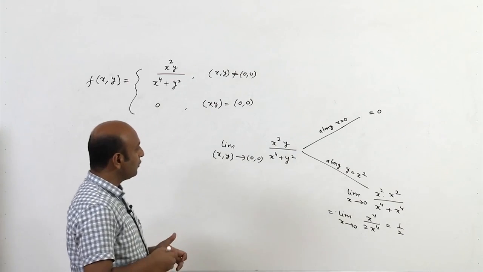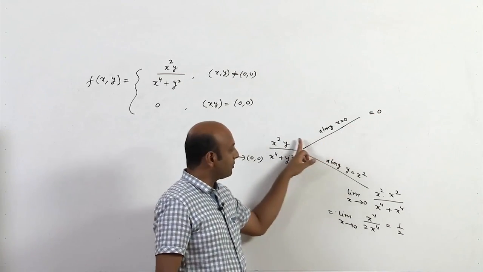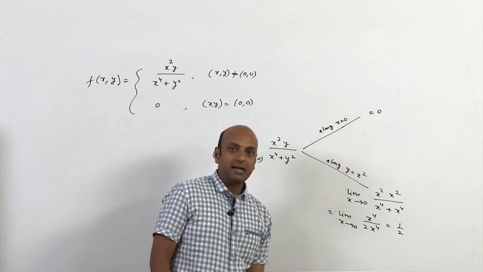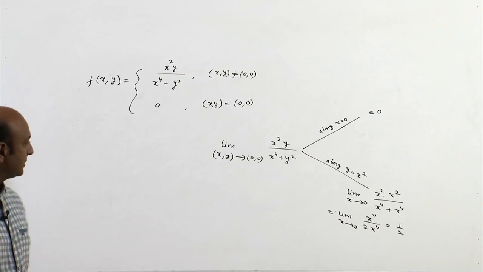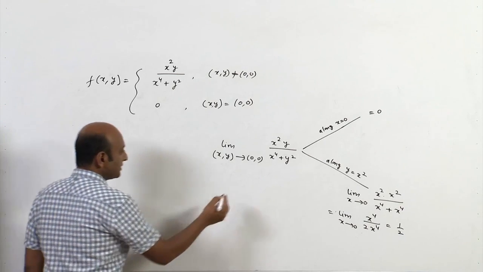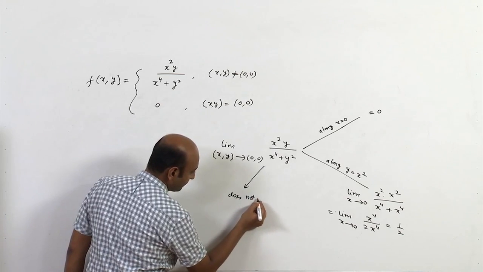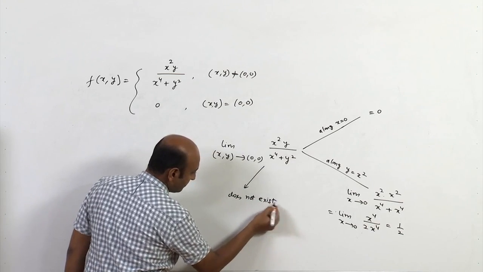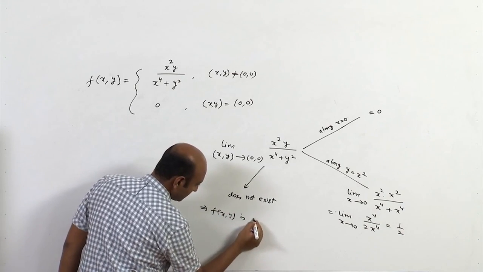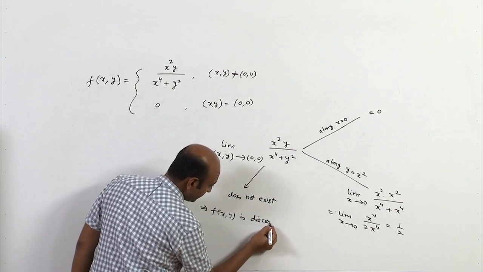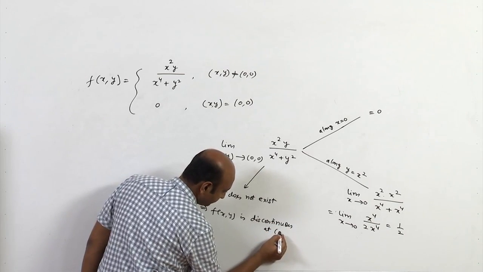So, from this path value is 0, and from this path value is 1 by 2, that is, from two different paths values are different. This means that this limit does not exist, and this implies f x y is discontinuous at origin.